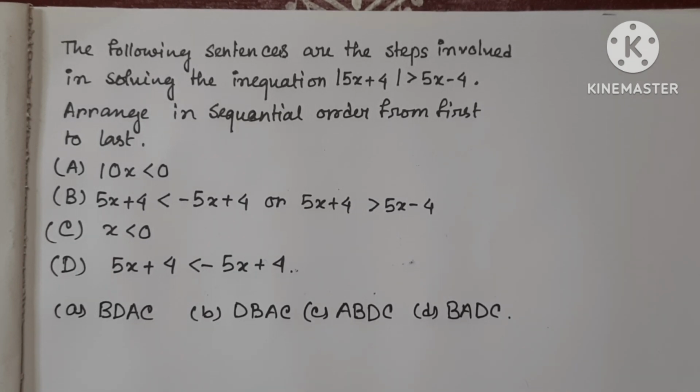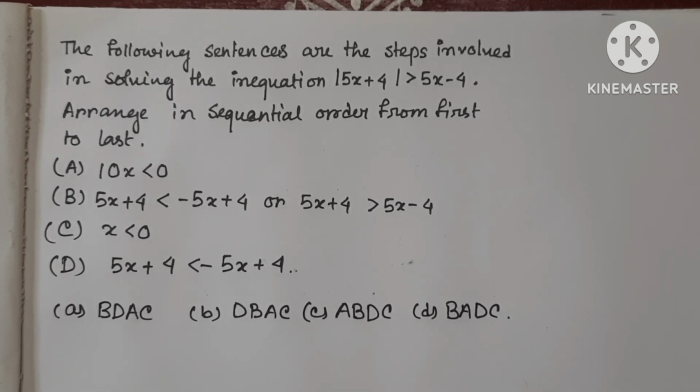Step C, that is x less than 0. Step D, that is 5x plus 4 less than minus 5x plus 4. So basically here they didn't ask for the solution set. They have asked to arrange the steps. Okay, that is given.